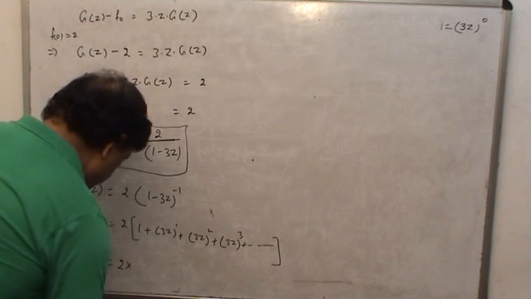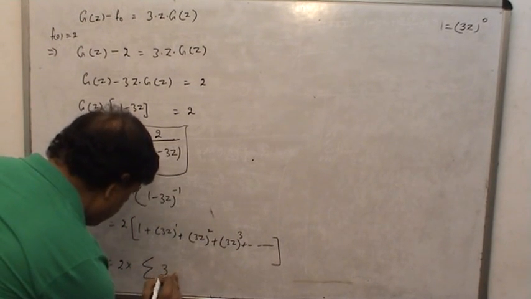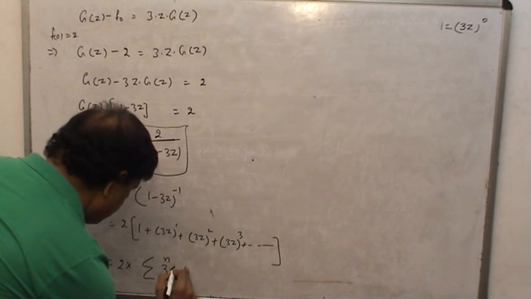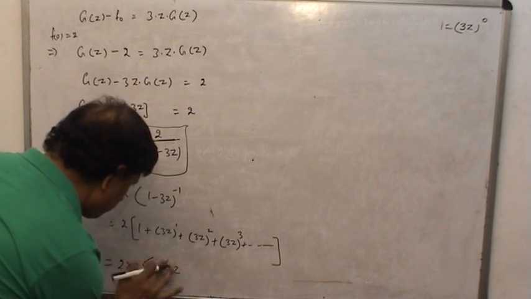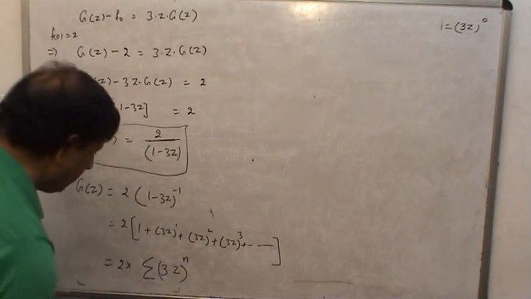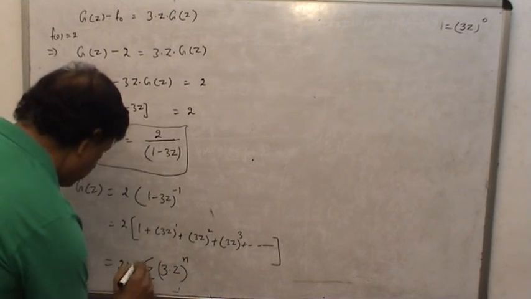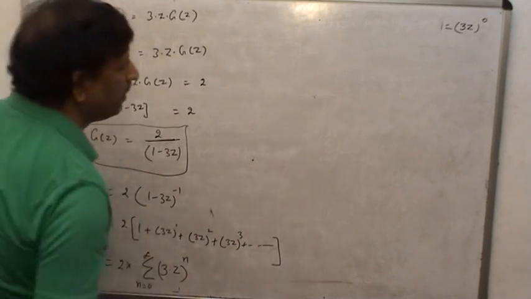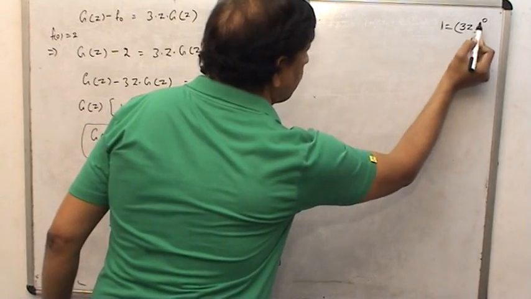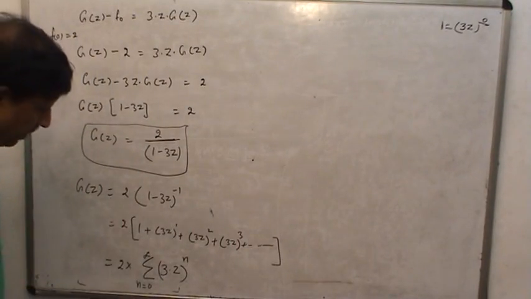And we can write it in the summation form, sigma of (3z) raised to the power n, and n varies from 0 to infinity. Here we have started from 0. This one means (3z) raised to the power 0.